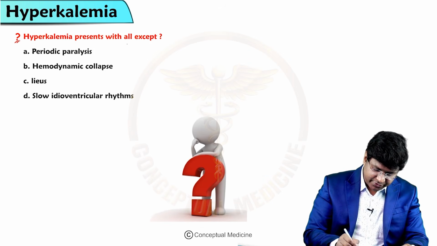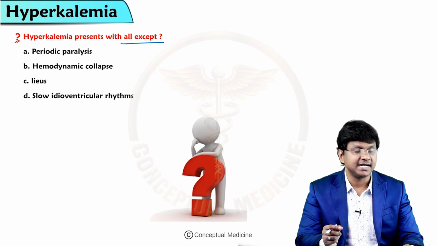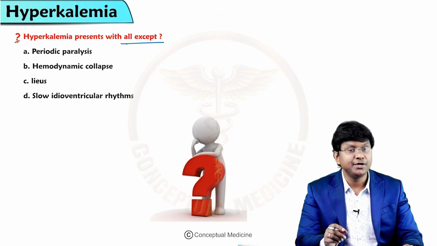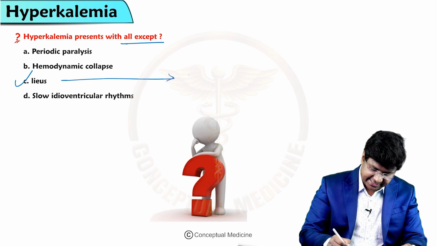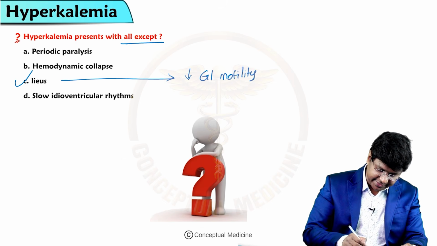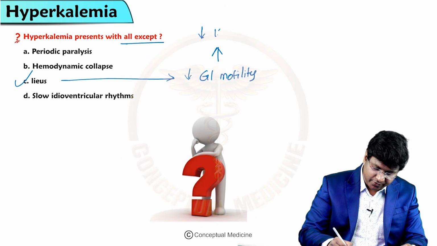Next, hyperkalemia presents with all except periodic paralysis, hemodynamic collapse, ileus, slow idioventricular rhythm. Ileus means there is decreased gastrointestinal motility. Where do you have decreased gastrointestinal motility? That is seen in patients with hypokalemia.